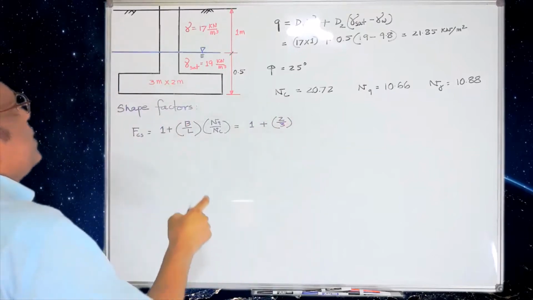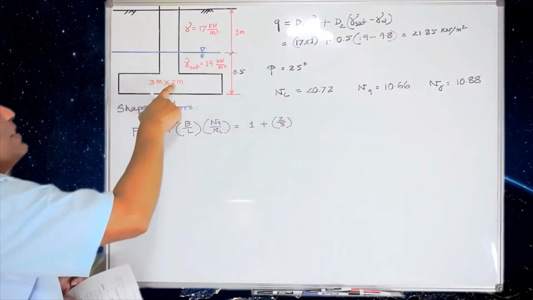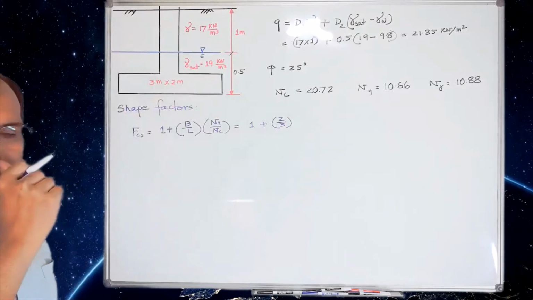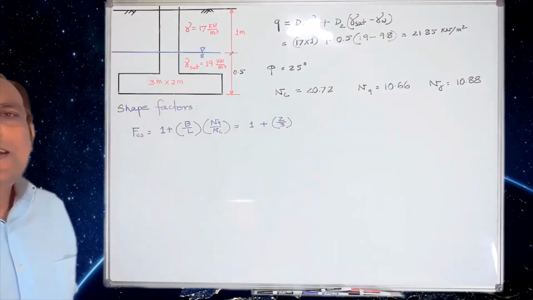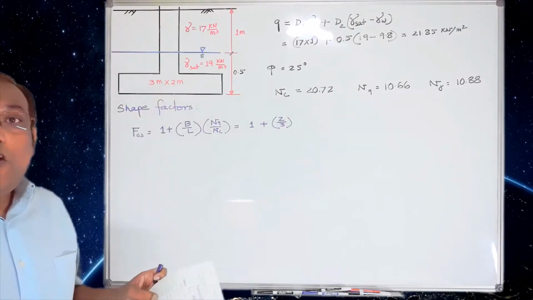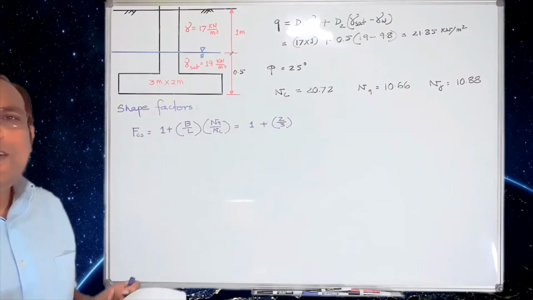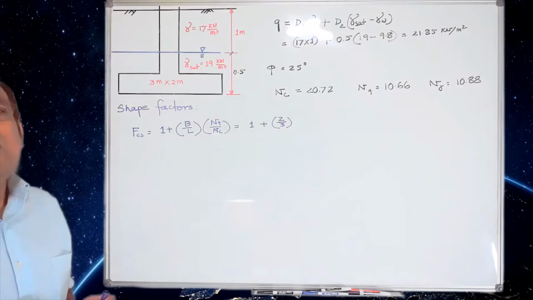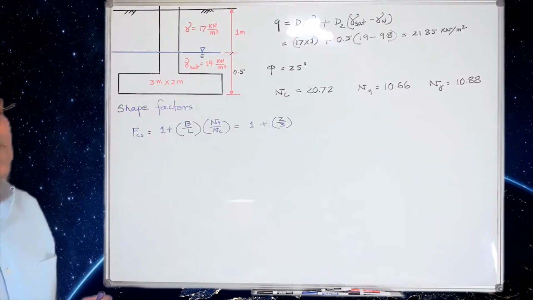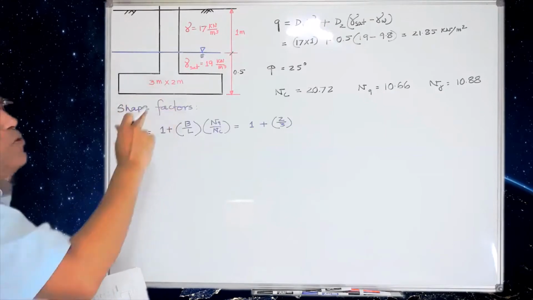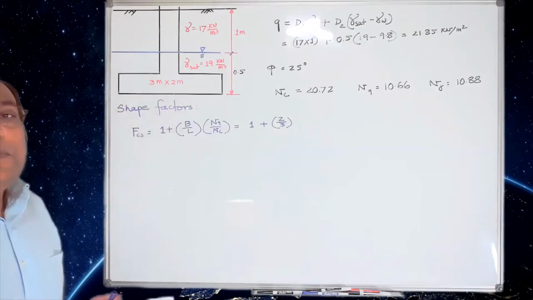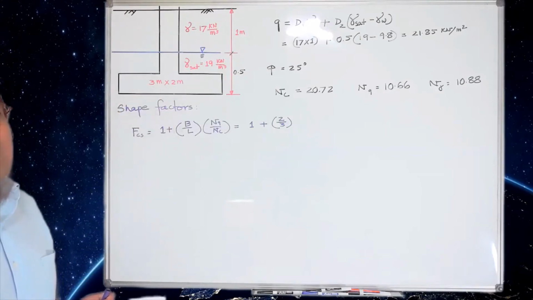We already told you that this is our L and this is our B. One more time, the longest parameter is your length and the shorter one is your width. So when they say 3 meter, 2 meter, this means 3 meter long and 2 meter wide.